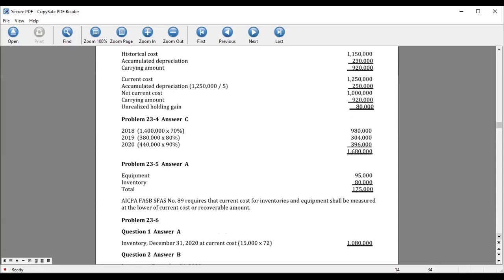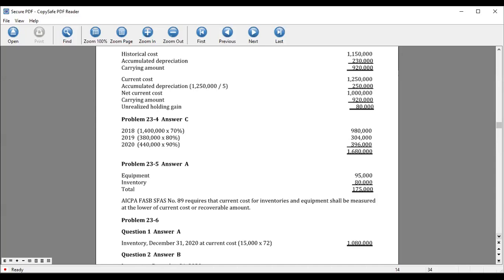What is the net current cost of the property, plant, and equipment? Okay, so we have the amount in 2018: 1,400,000 multiplied by 70 percent, and that's with the depreciation already considered, 980,000.